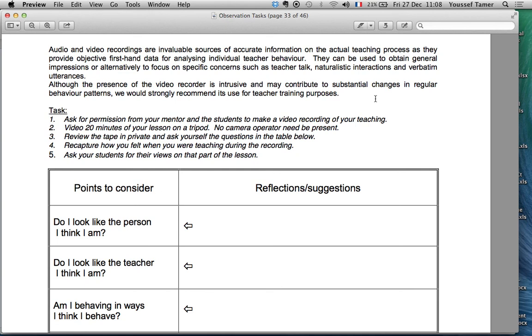Take this small camera, try to hide it, don't make it so apparent, neither for the teacher. But of course you take permission from the teacher, okay, and then you record discreetly, not like a Hollywood movie, okay.